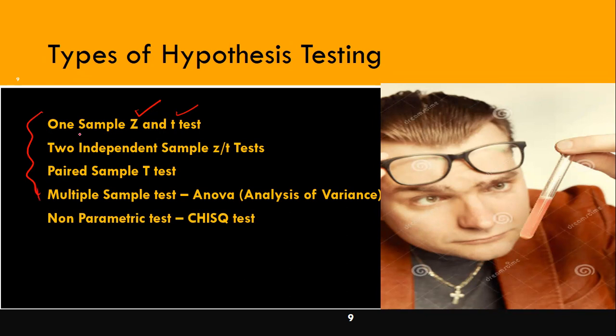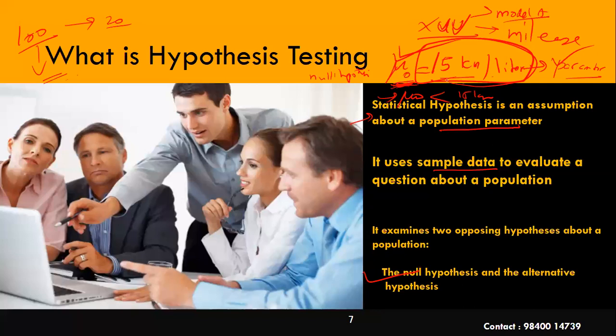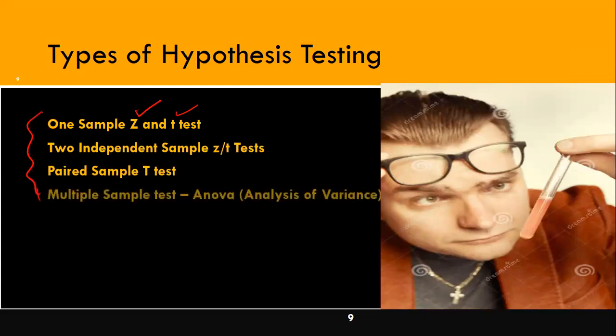What is a parameter? We have hypothesized in the previous case, right? This is your parameter: the mean. The hypothesized mean is your parameter. We are testing the sample mean. We are comparing the sample mean with the population mean. Hence, we are comparing the mean. Mean is a parameter, right? Population mean is called a parameter.